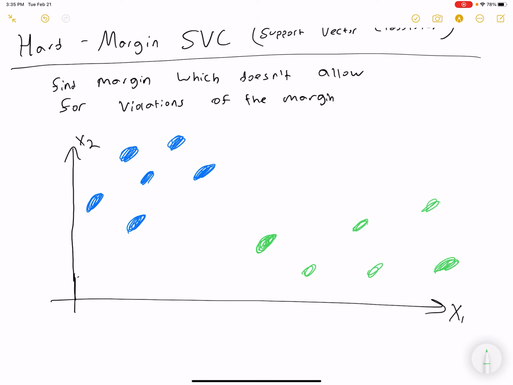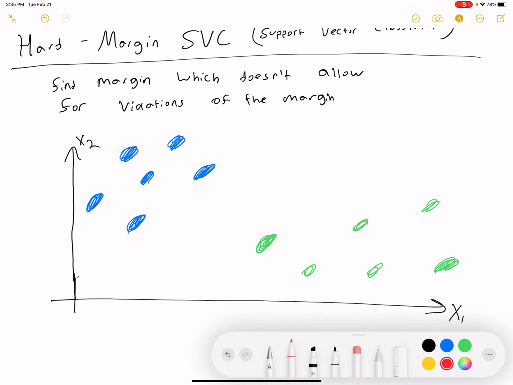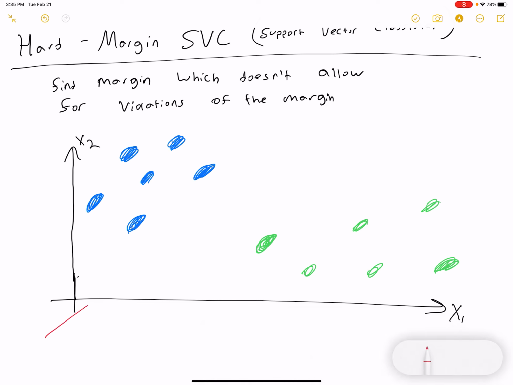And what we want to do is find the boundary that most separates them. So we're going to draw that here.